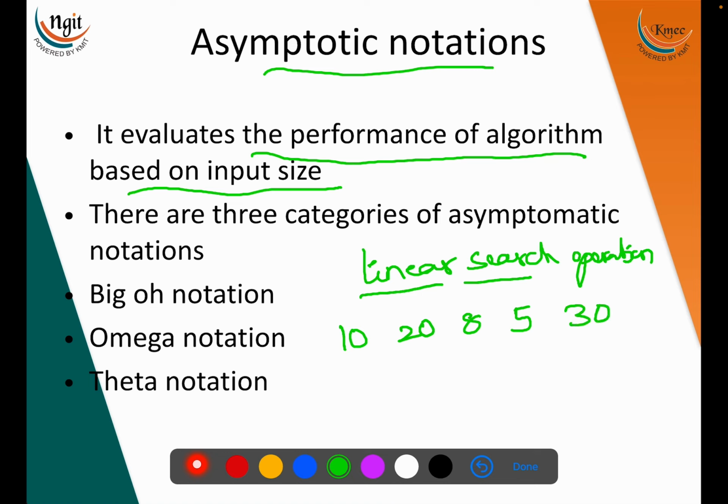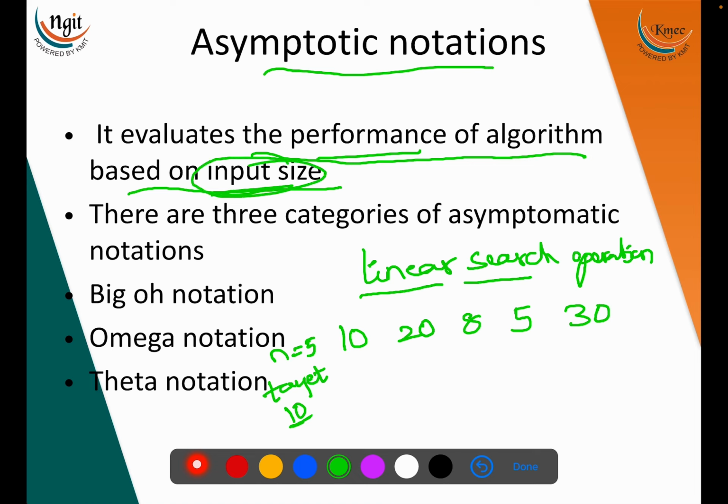So my n value is 5 and my target element is 10. Asymptotic notations help to evaluate the performance of algorithms based on input.